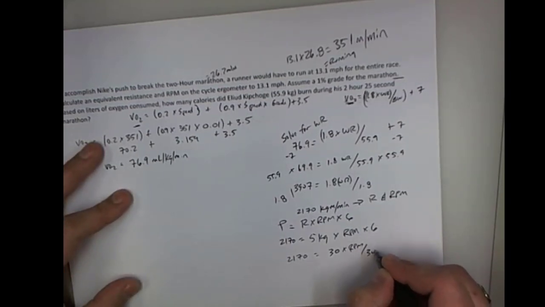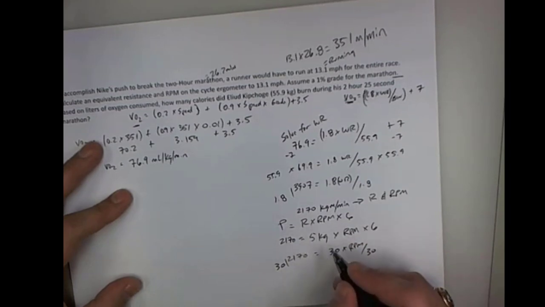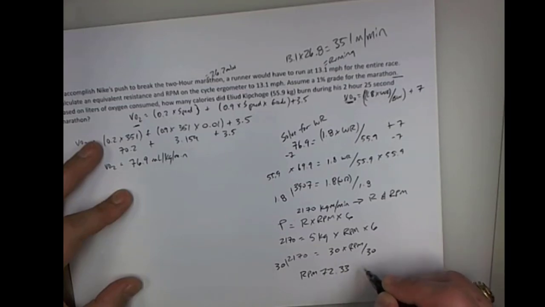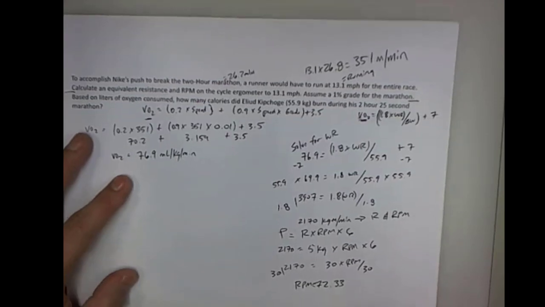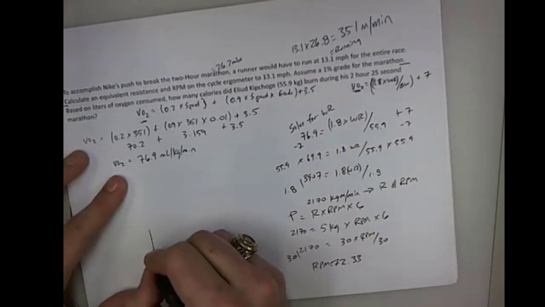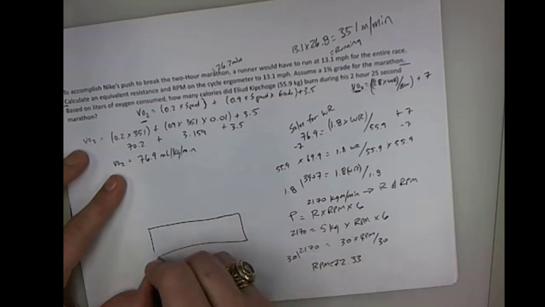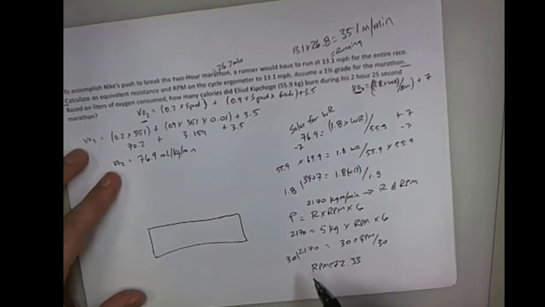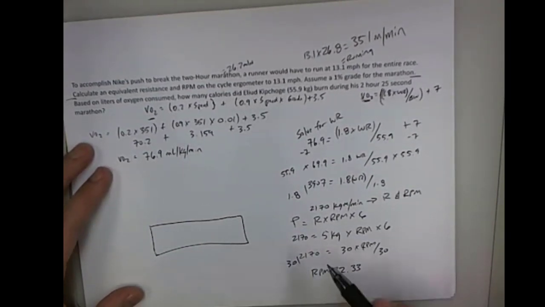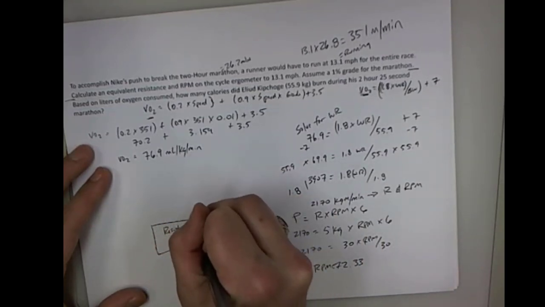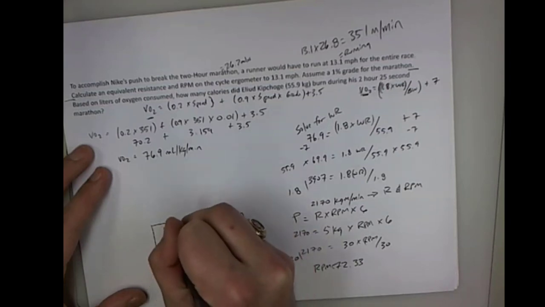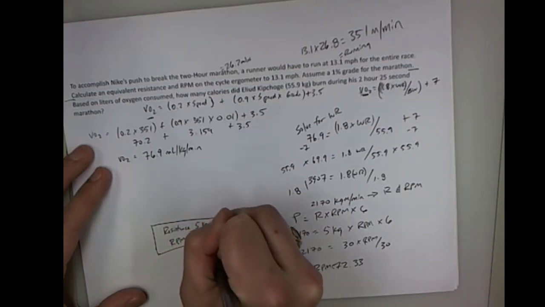Divided by 30 on both sides gives us an RPM of 72.33 revolutions per minute. So again, an equivalent exercise on the bike would be a resistance of 5 kilograms and an RPM of 72.3.